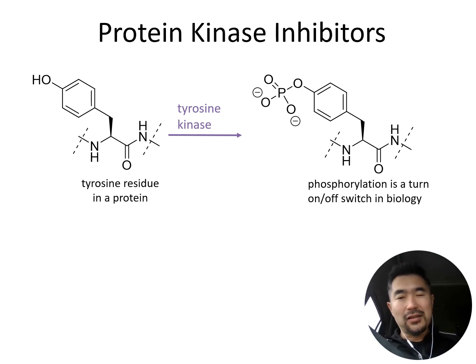A common target of a kinase is any nucleophile that's available within the protein, like the tyrosine phenyl hydroxyl group, which is a pretty good nucleophile, as you recall from the protein modification chapter. If you deprotonate that, right, that's a pretty good nucleophile, the anionic phenoxide. And so that's often a target that can be phosphorylated by kinases.